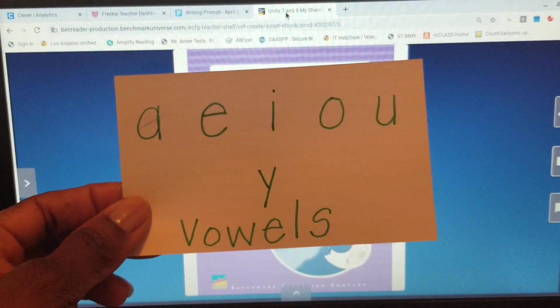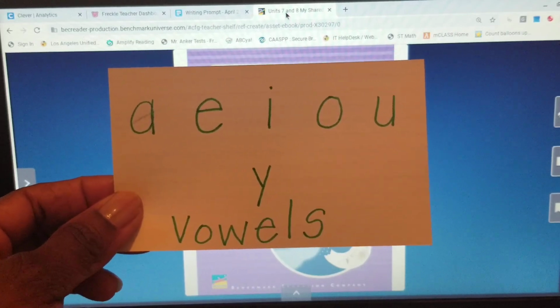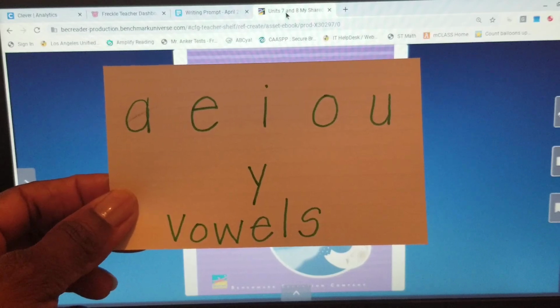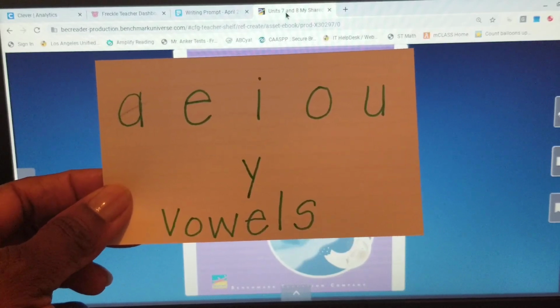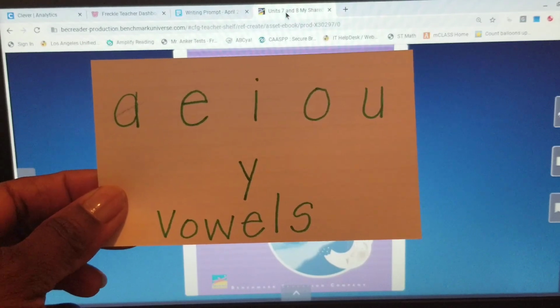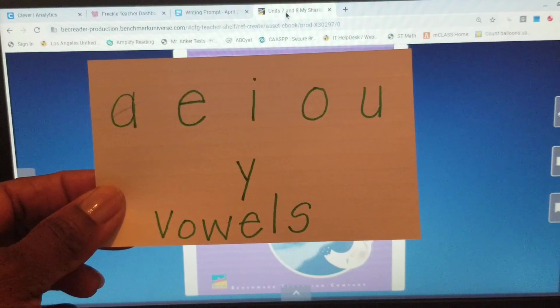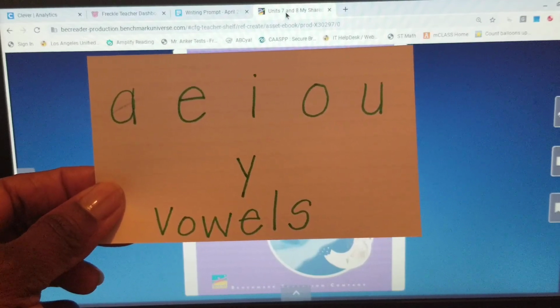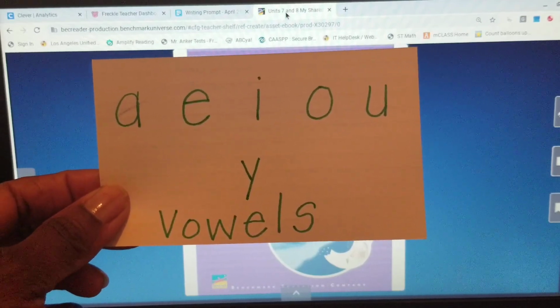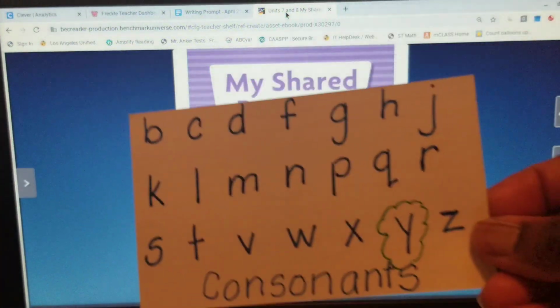Normally, we have 5 vowels: A, E, I, O, and U. And I have Y listed because sometimes, remember, Y can be a vowel. Any letter that is not a vowel, we say that letter is a consonant.